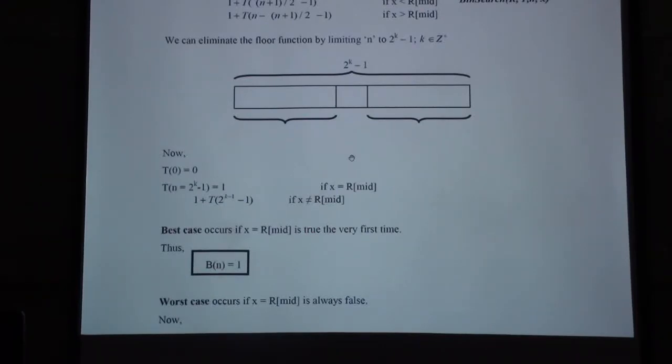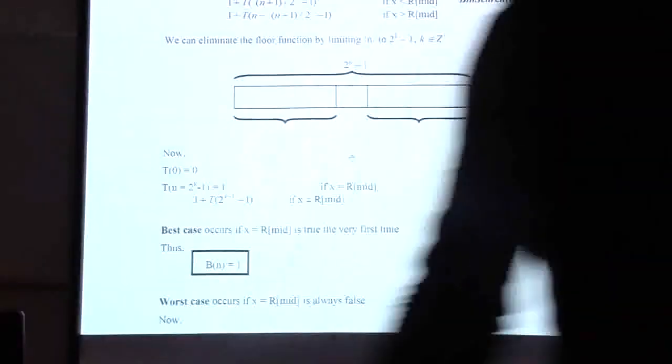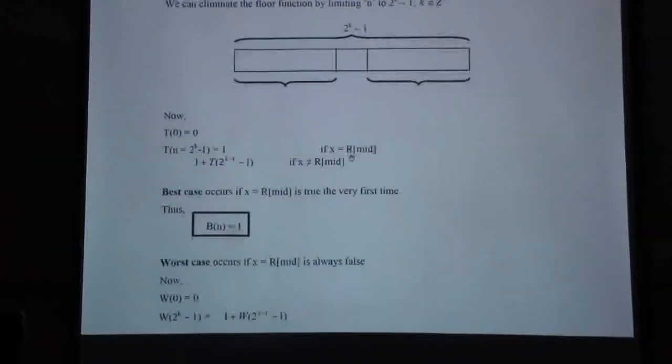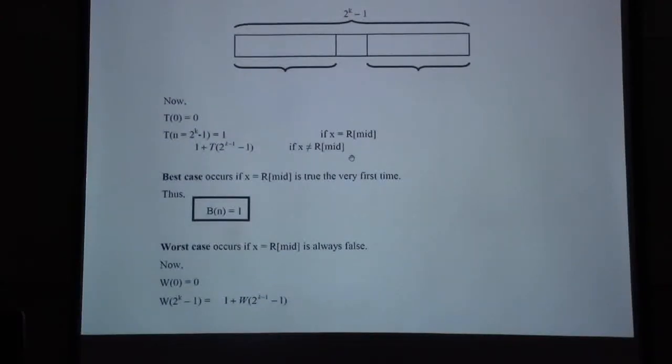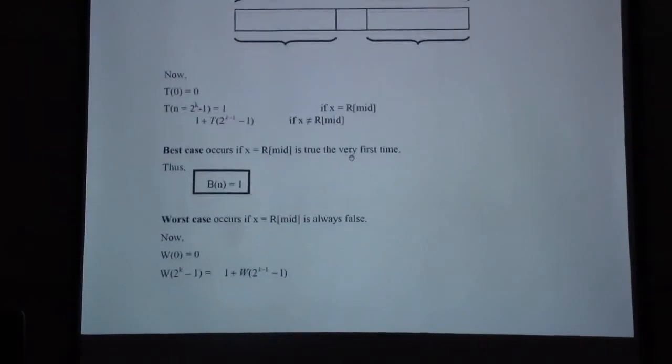So the best case, of course, b of n is equal to 1. For example, if the middle element is a match the very first time, that's your best case. That's great. Not very likely, but that's what will happen. Now the worst case occurs if the comparison is always false, when the element is never in the array. We never find it. Now, worst case of 0 is 0.